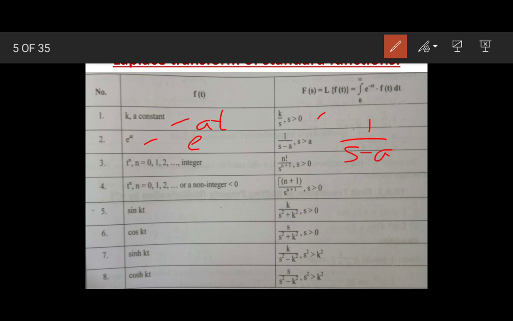If it is e raised to minus at, then the Laplace transform will be 1 upon s plus a, the opposite of this. If it is e raised to at, the Laplace transform is 1 upon s minus a. If it is e raised to minus at, then here it comes plus a.